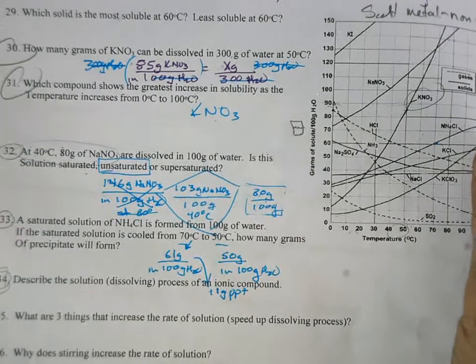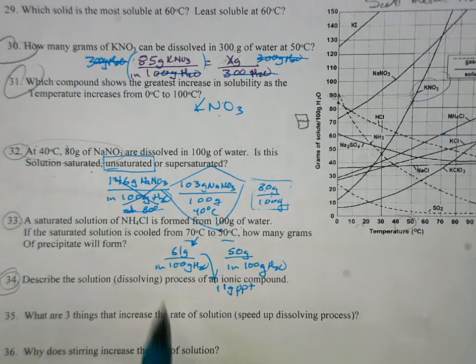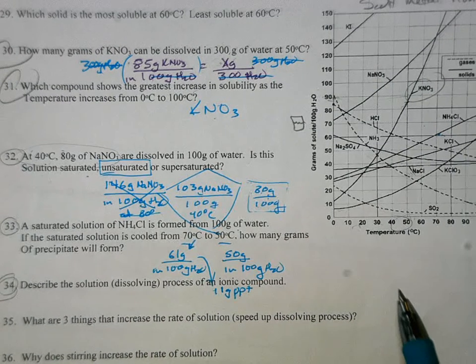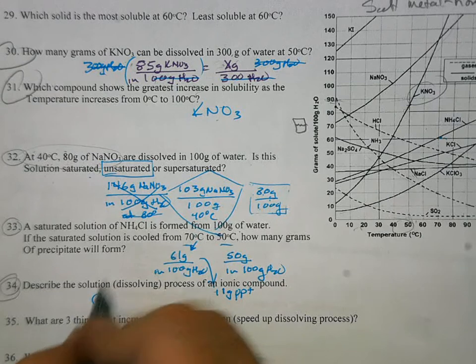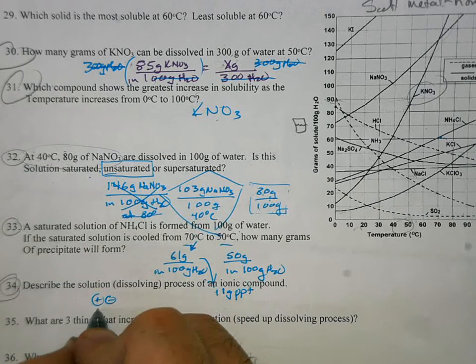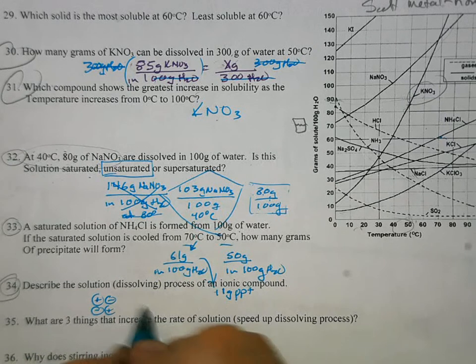Number 34. Describe the solution dissolving process of an ionic compound. Well, it's not a really good drawing, but you've got the different ions in, say, a salt crystal like this. And what happens is you've got water molecules that come.